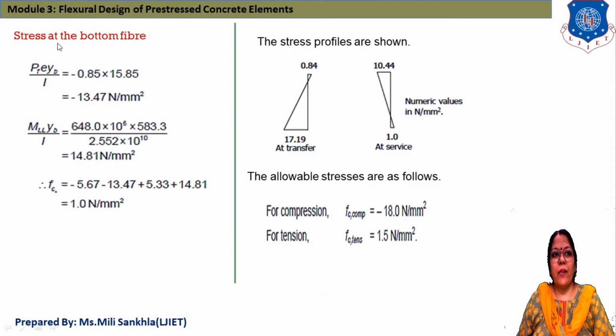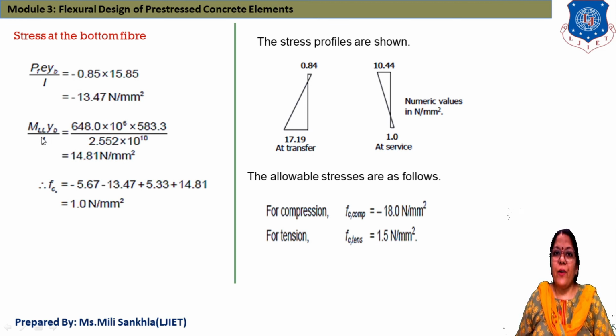Now next we find the stress at the bottom fiber. Again the dimension that changes is YB, and we find the effective value, so multiply with 0.85, and the calculation of this was already done in the transfer condition. So simply the answer is 15.85, and minus 0.85, 13.47 Newton per mm square.